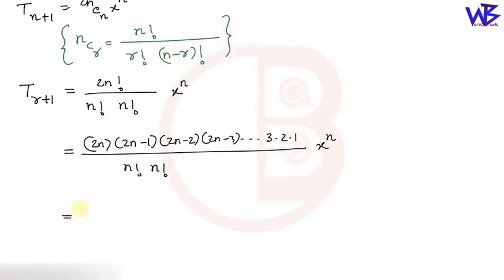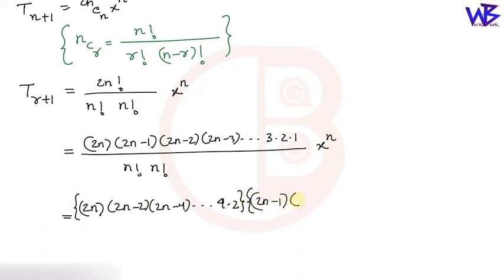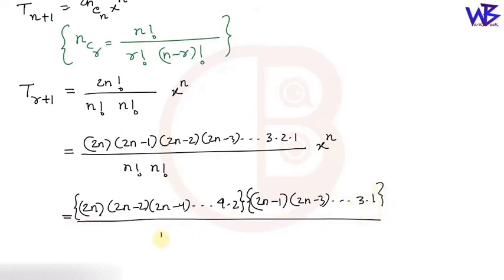Now let me separate the even terms and the odd terms in the expansion of (2n)!. First, the even ones will be 2n × (2n − 2) × (2n − 4) ... 4 × 2, and the odd ones will be starting from (2n − 1), (2n − 3), it will reach up to 3, 1, divided by n! × n!, whole multiplied by x^n.